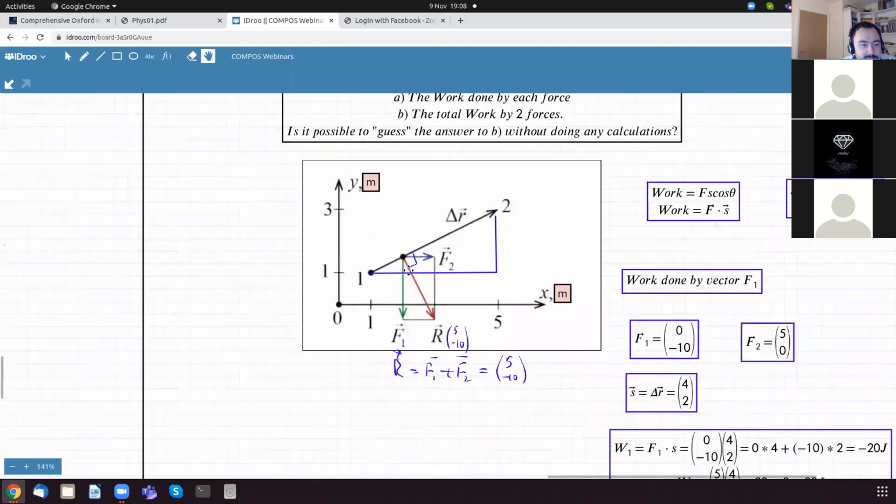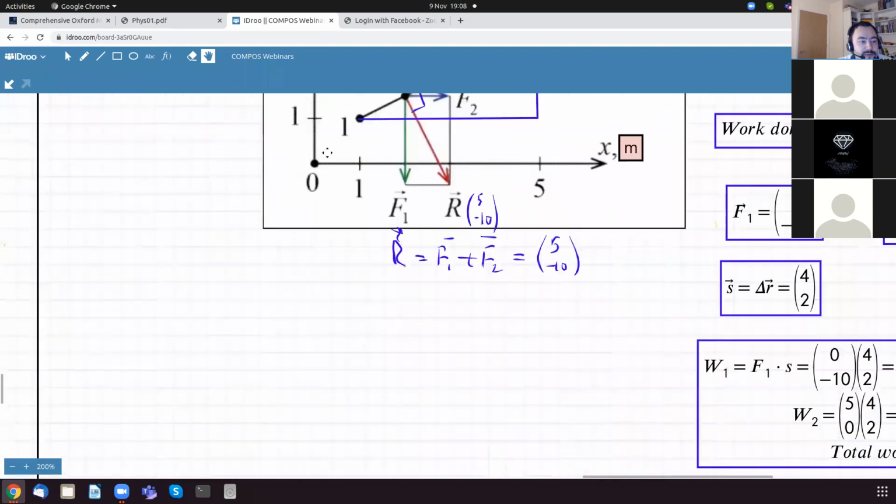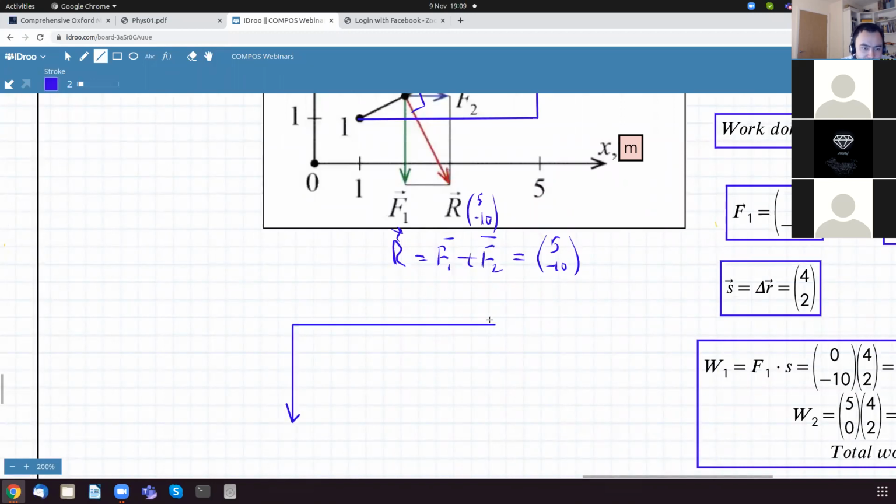But by just looking at the diagram, you can see that R is perpendicular to the displacement. If you have a force which is perpendicular to the displacement, so this is the force and this is the displacement, the angle between them is 90 degrees.